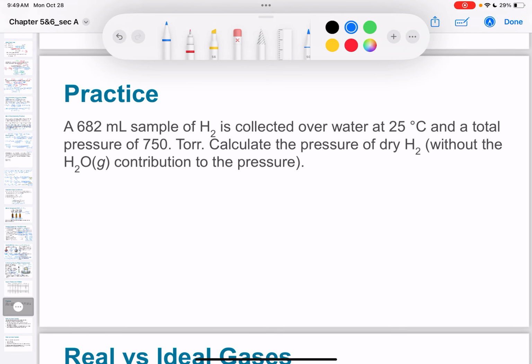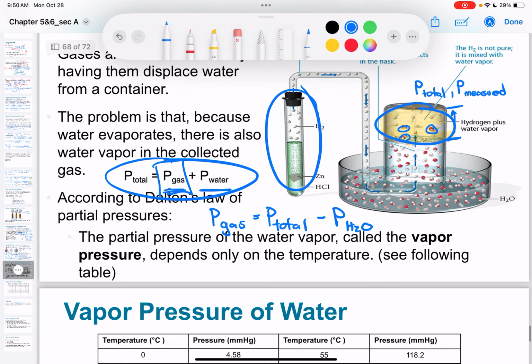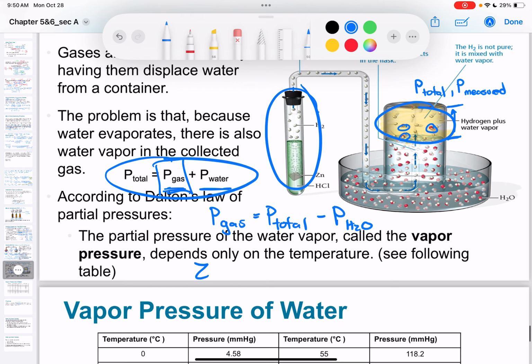All right, we have hydrogen gas collected over water. That's the key phrase you're looking for, collected over water. This is just like the picture we had where we have hydrogen gas that is a consequence of mixing zinc and HCl. This is a great example from chapter 2. So this is a metal plus an acid. This is a gas evolving reaction.